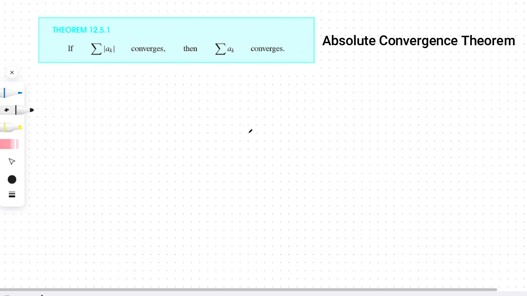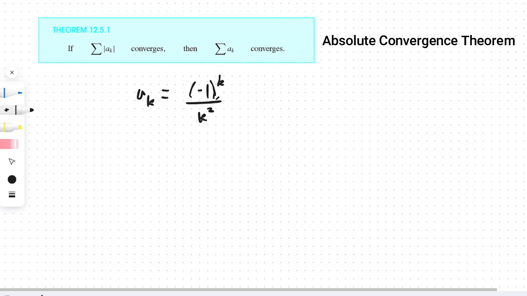So before we start, I would like to think about some cases and whether we actually think this is true or not. If we have the case where a_k is equal to (-1)^k over k squared, do we think that the series of the absolute value of this will also converge?